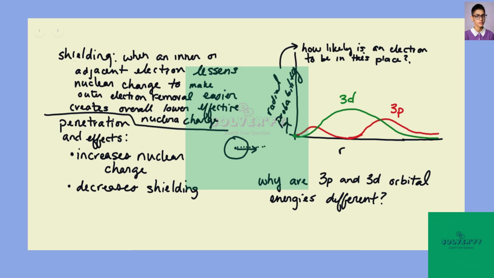So that's how the 1s electrons are more likely to be really close to the nuclei, whereas the higher number orbitals are more likely to be further away, because as we fill the higher number orbitals, they move further away. That's how the periodic table works, right?